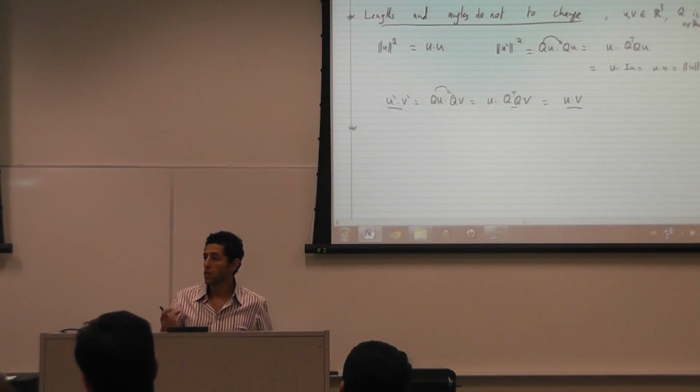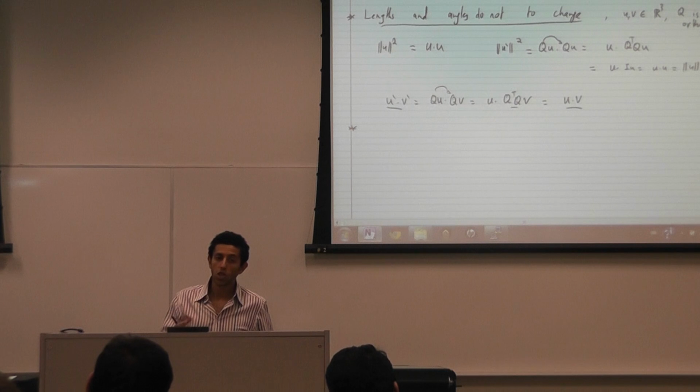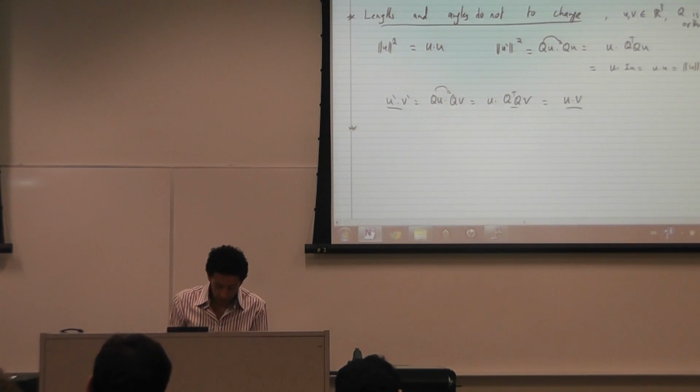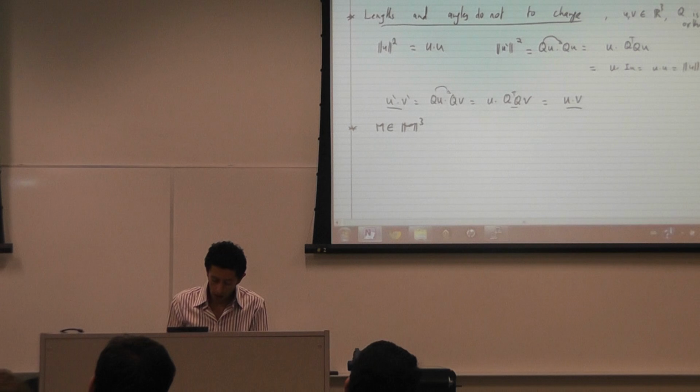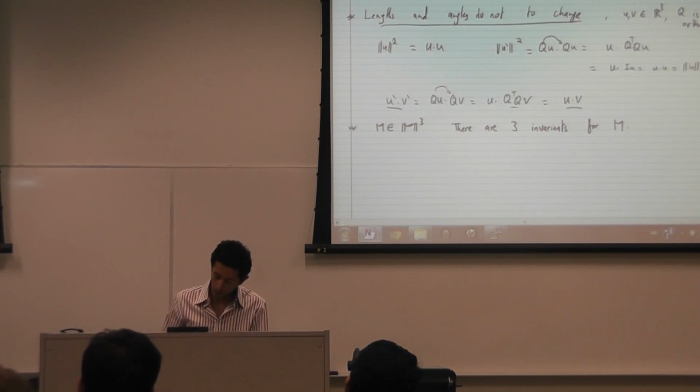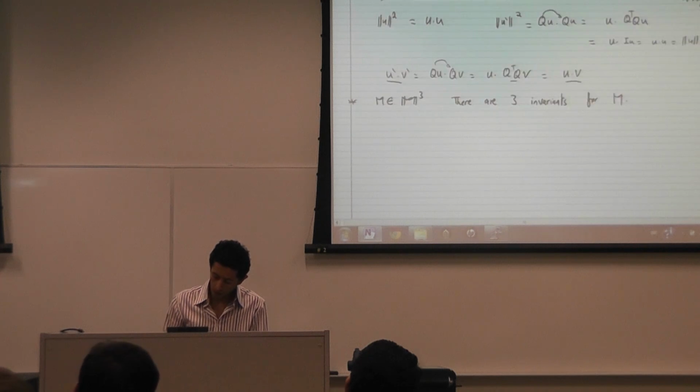So we need measures of the matrices that do not change when I change the coordinate system. If I have a matrix that is a 3 by 3, there are 3 invariants for it.